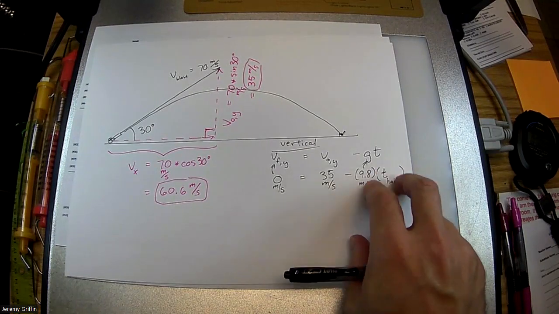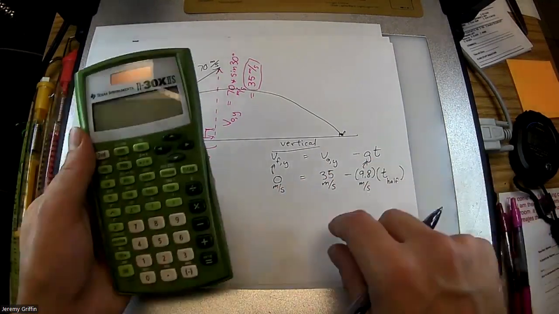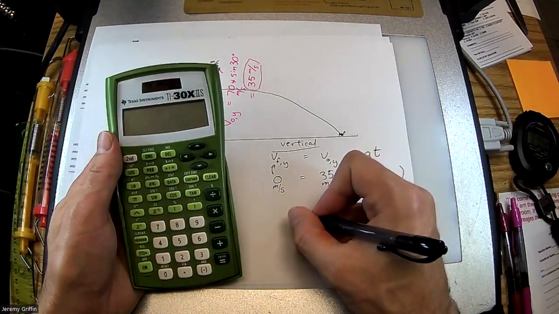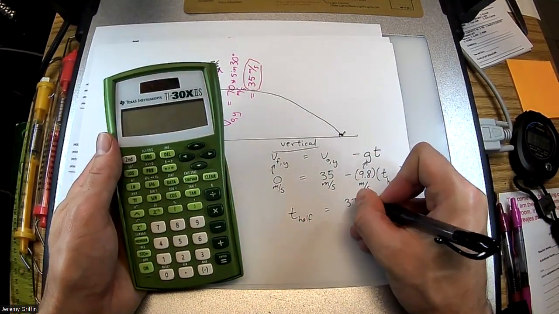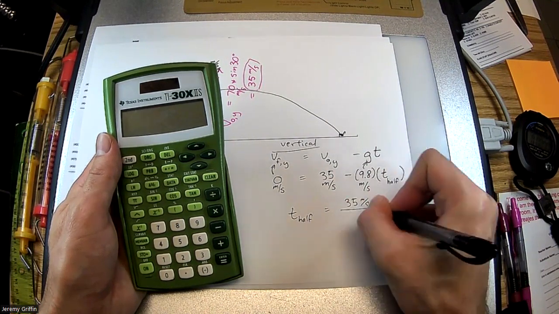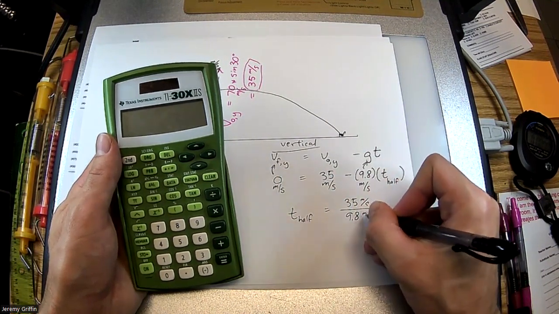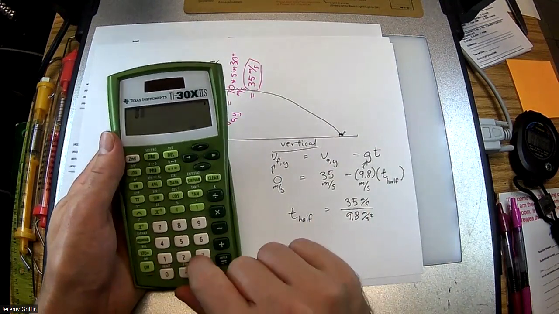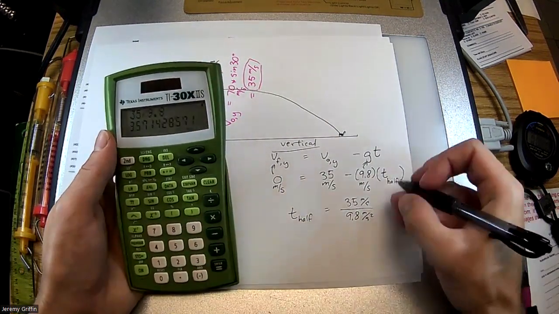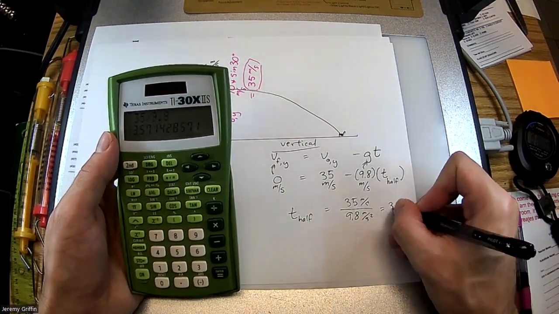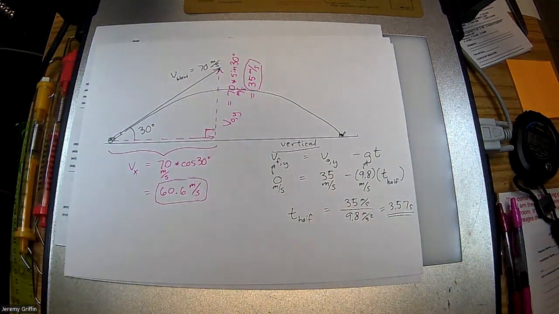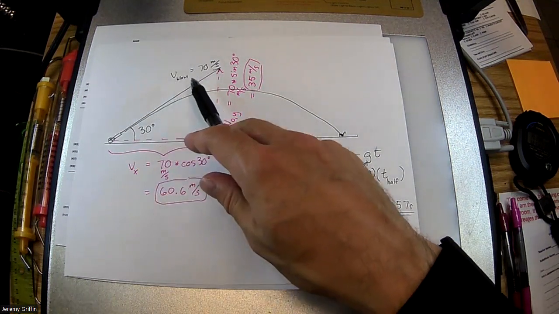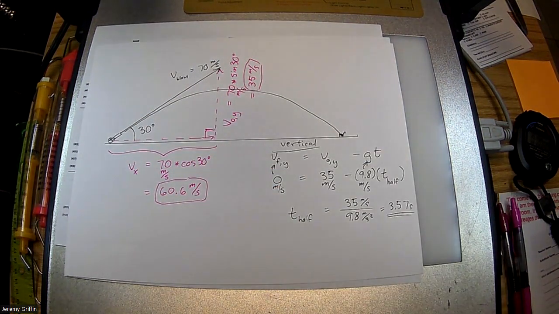So take the 9.8t, add it over, divide by 9.8. T half, the half hang time, is 35 meters per second divided by 9.8 meters per second squared, which looks like 3.57 seconds. It takes about 3.5 seconds to reach the peak, at least with my numbers on my paper.